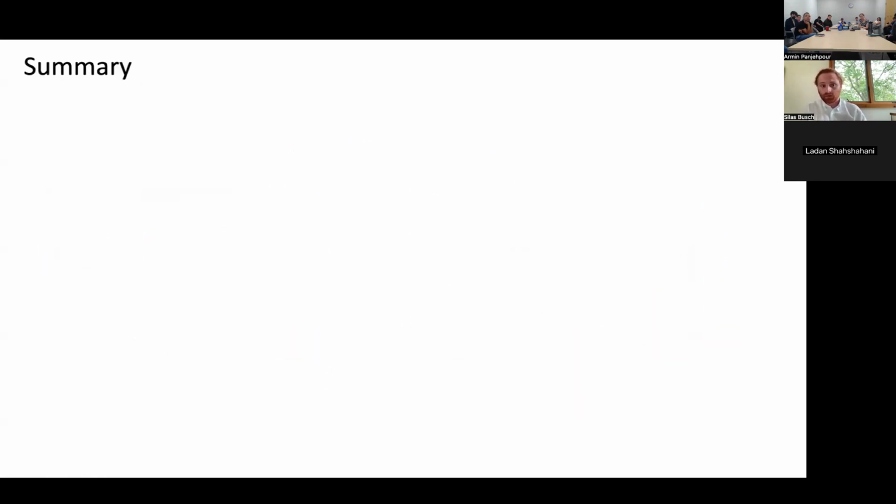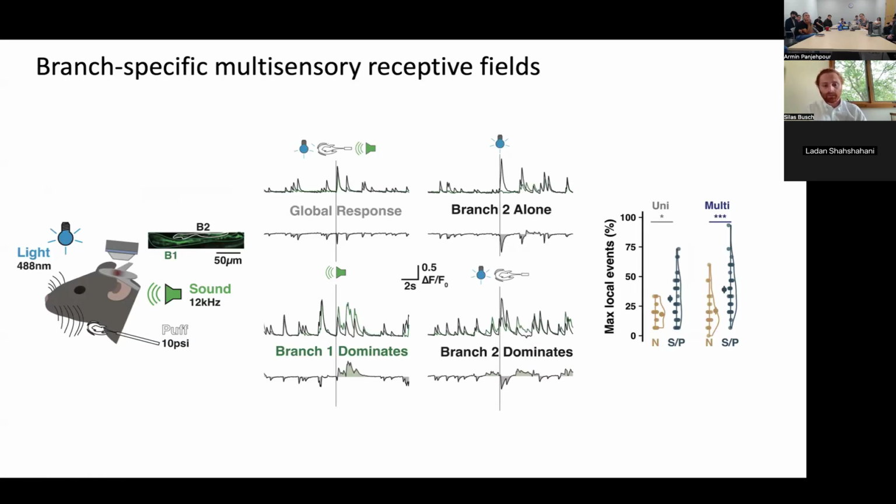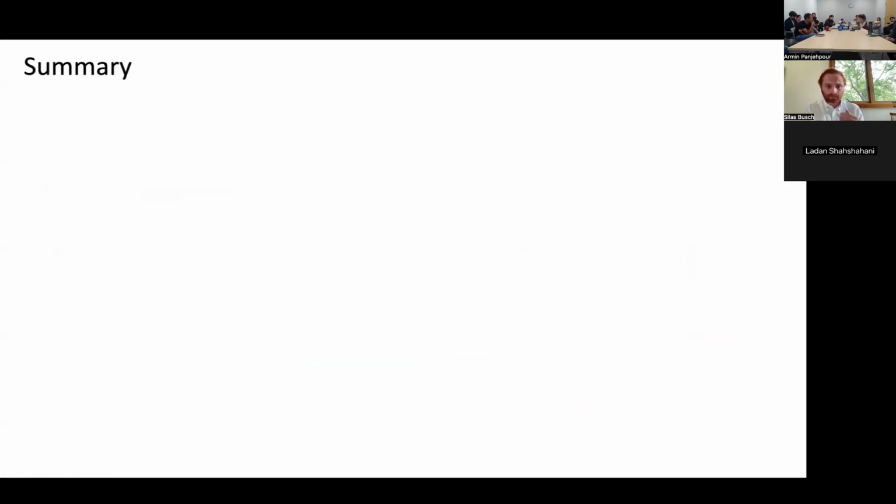So that's just an interesting tidbit. So that's in the awake animal. So now here we're showing that the awake animal can be, to some extent, differentially encoding different sensory modalities across its branches. And we can do this in the awake situation.